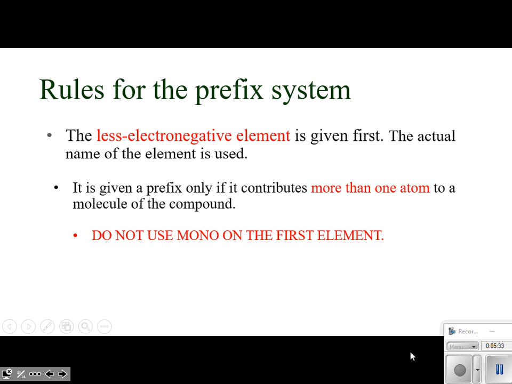So, do not use mono on the first element. All in caps. That's basically what that says. A prefix only if it contributes more than one atom. One atom is mono. So, do not use mono on the first element. Period.